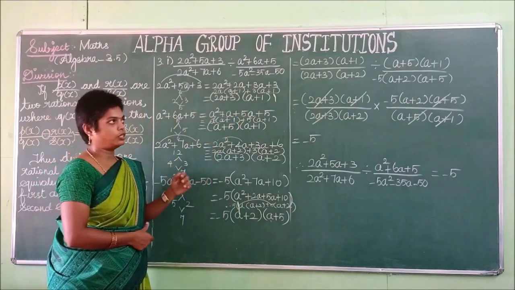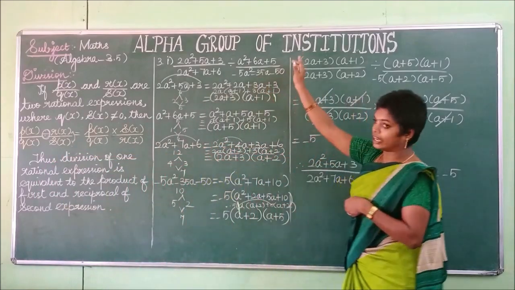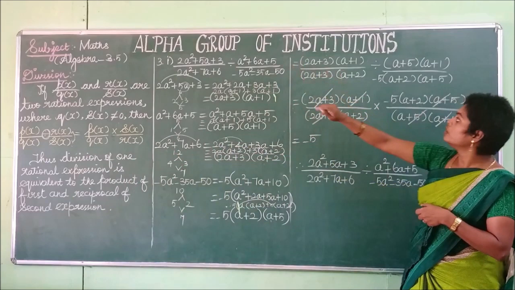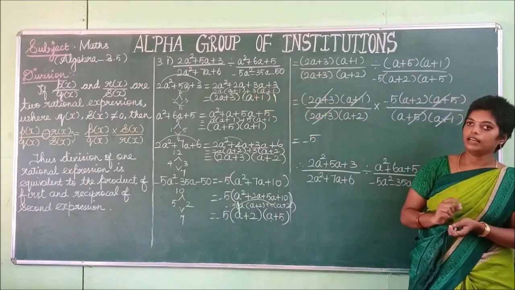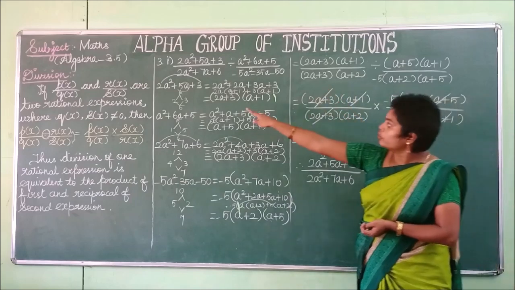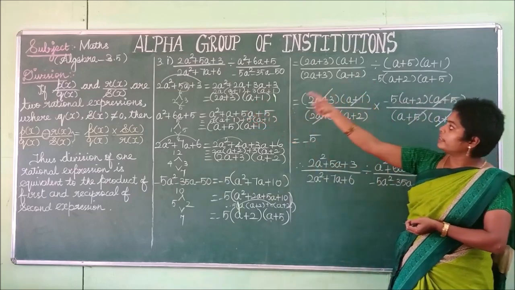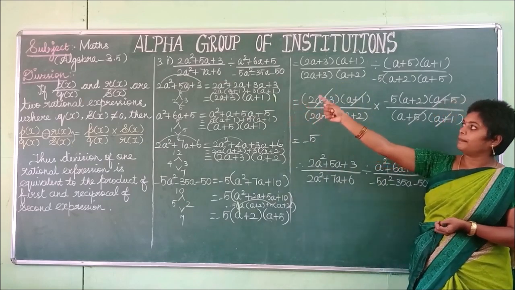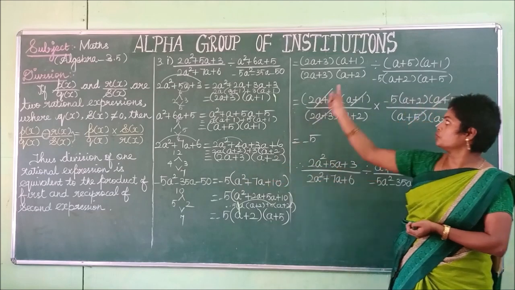Now you have to substitute in the given question. So here you have to write the question and put equal to. What is the first term? 2a squared plus 5a plus 3, which can be written as 2a plus 3 into a plus 1. Then for the denominator 2a squared plus 7a plus 6, which can be rewritten as 2a plus 3 into a plus 2.